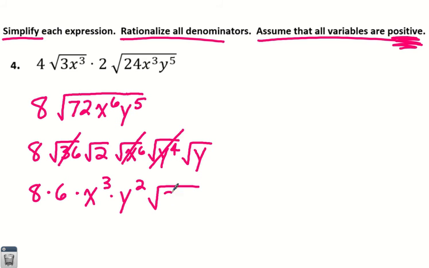That's going to stay under the root and be the square root of 2y. And you know what? The only thing really left to do is 8 times 6, which is, see, there was already an 8 out here. This became 6, and so therefore these need to multiply together to be 48. That's all.